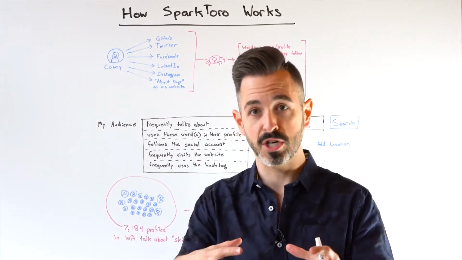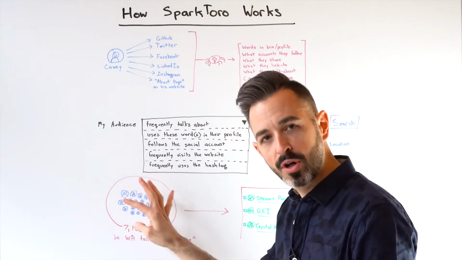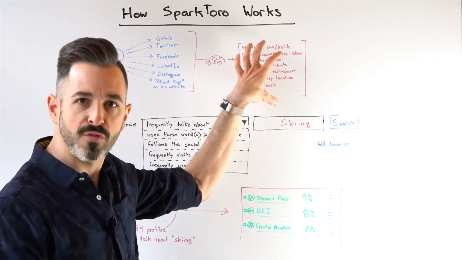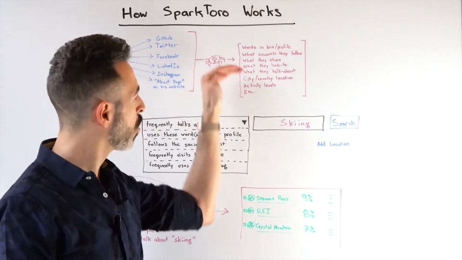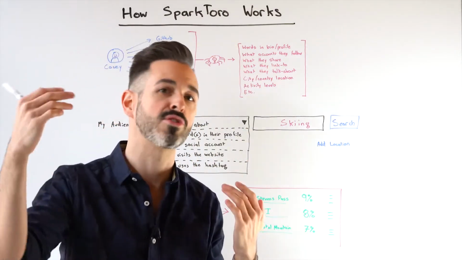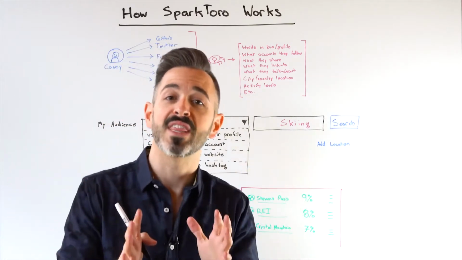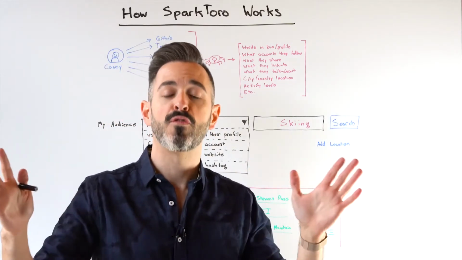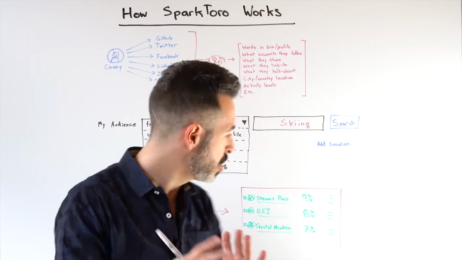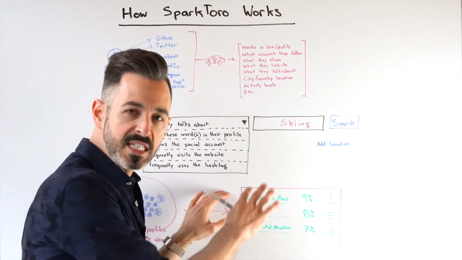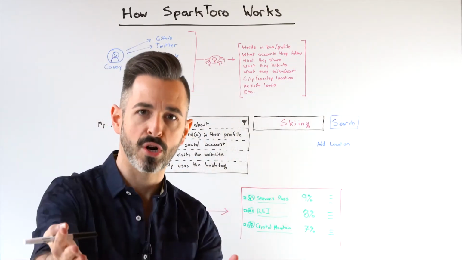They're located in Washington. So it's an aggregation of all this data and then an aggregation of all these data points, the words and phrases in those 7,184 bios and profiles, the accounts that those 7,184 people follow. And then that aggregation is shown to you in the data of what the tool returns on the front end.